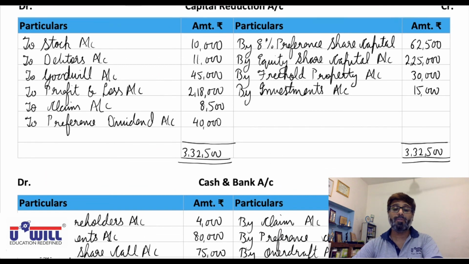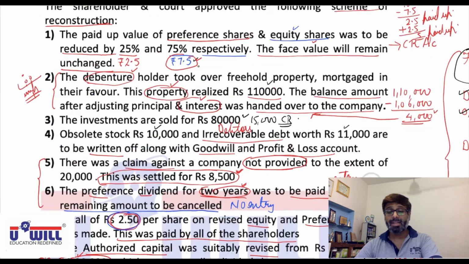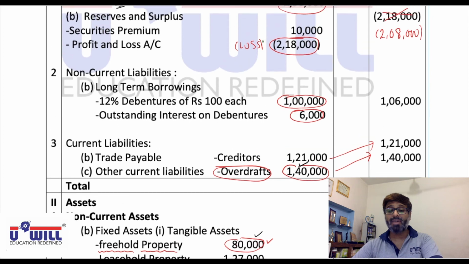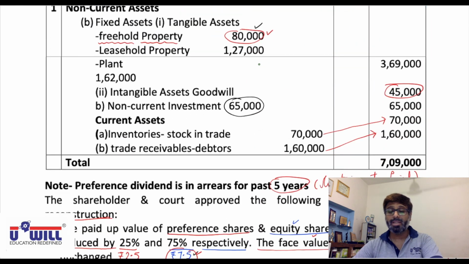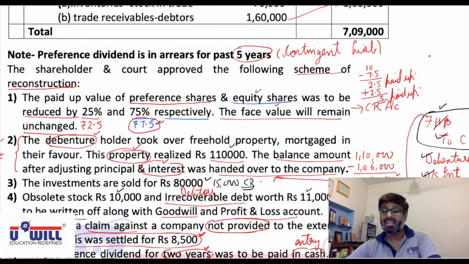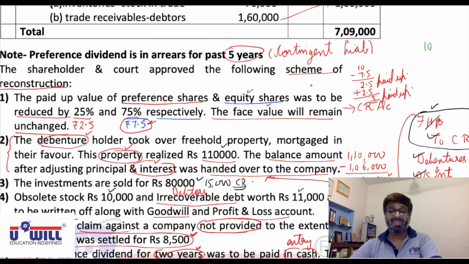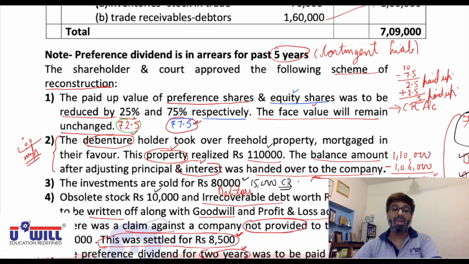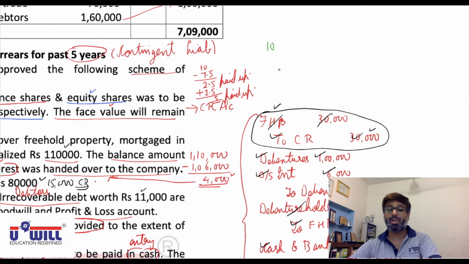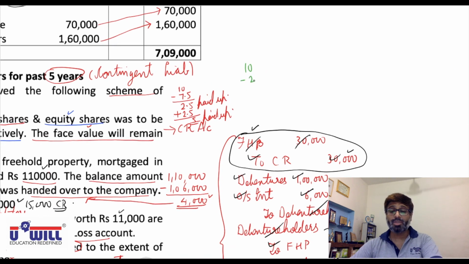Same way if we do it for preference shares, preference shares also had a face value of 10 rupees. Preference shareholders sacrificed 2.5, so they became 7.5 paid up.